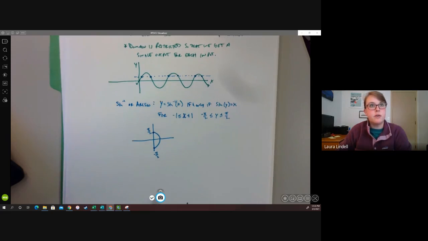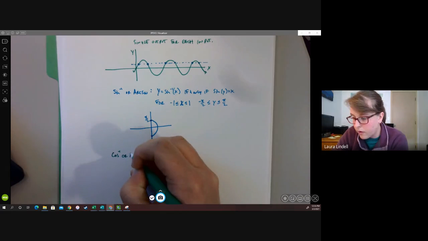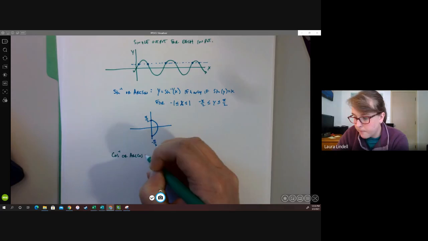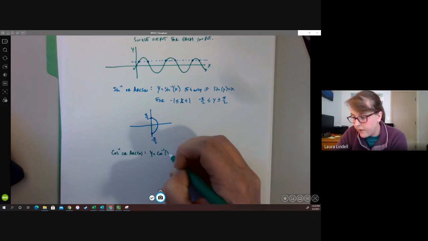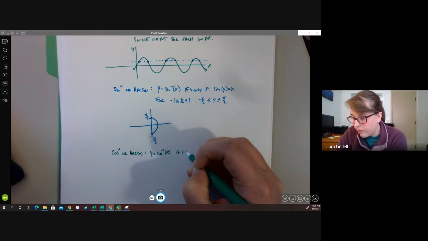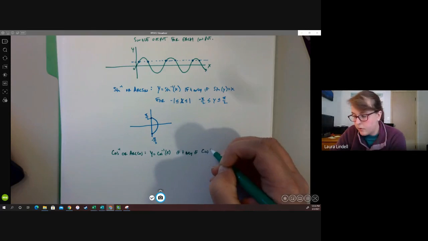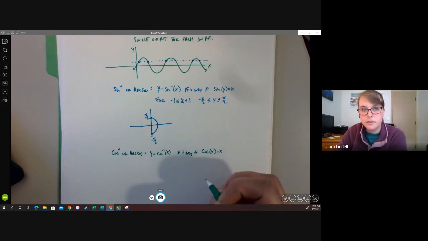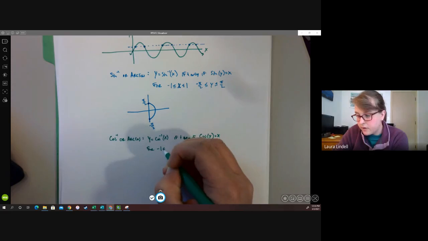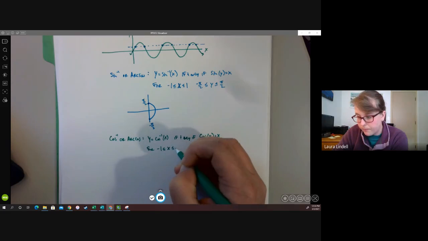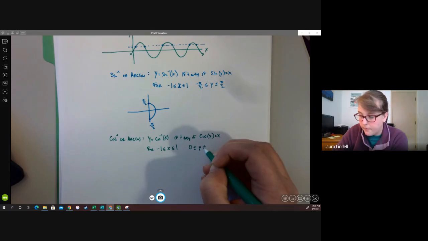The way that we restrict cosine is a little bit different. So cosine inverse or arc cosine would be y equals cosine inverse of x if and only if cosine of y equals x, and it's going to be for x values still between negative and positive 1, but y values between 0 and pi.